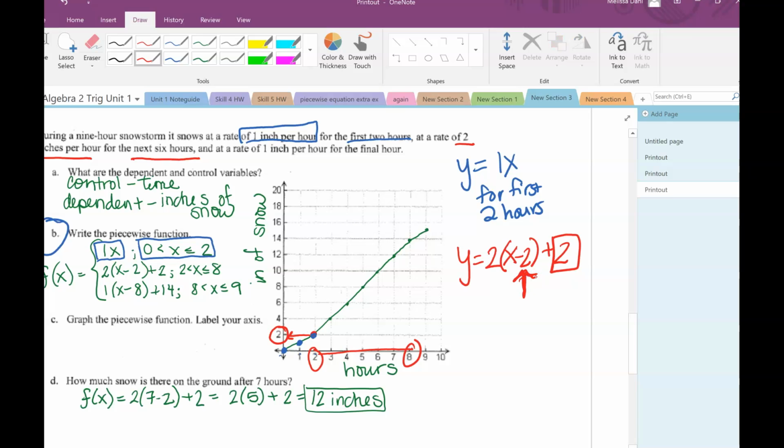It's 2 hours after. So again, this is to not include the first 2 hours. And this plus 2, since this is calculating the total snowfall, is the snowfall from the first piece.